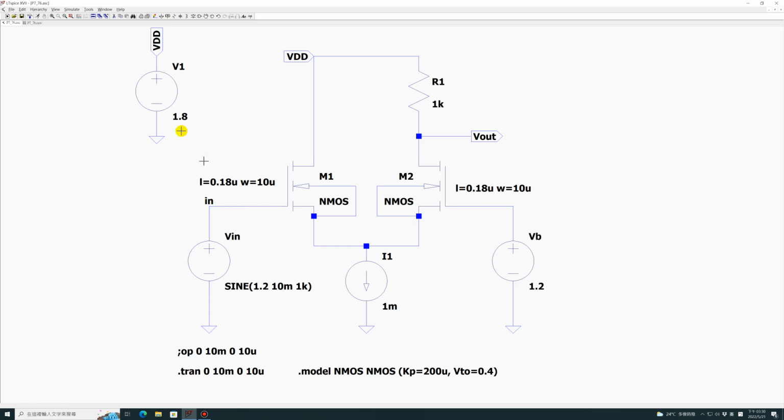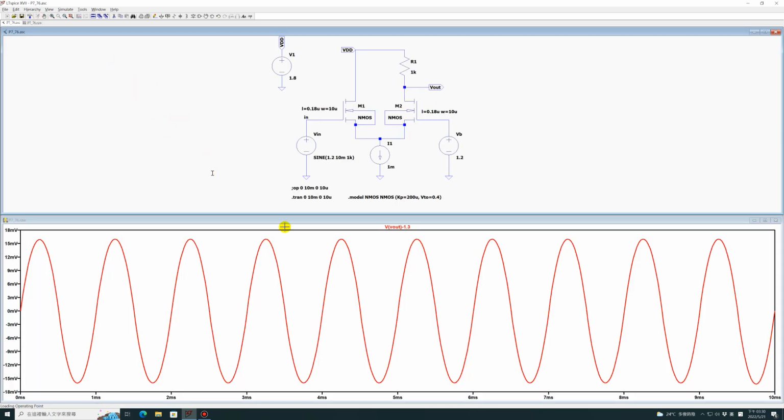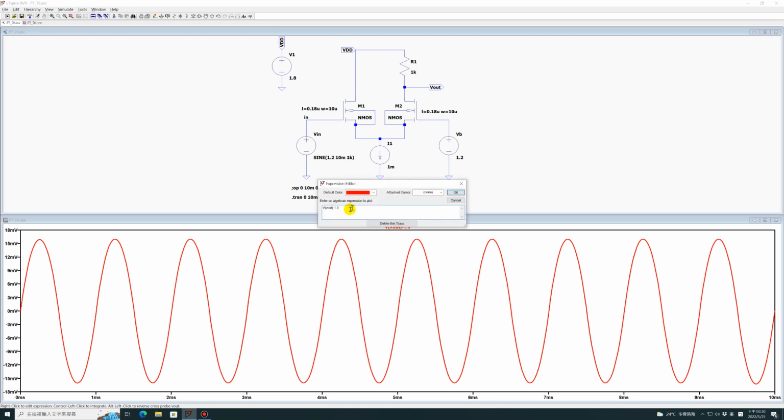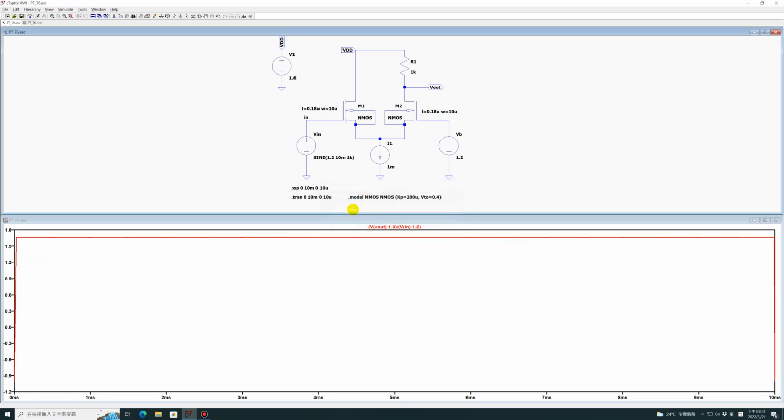Okay, now I can do it. I will edit it: divided by Vin minus 1.2. Okay, now the gain is here.